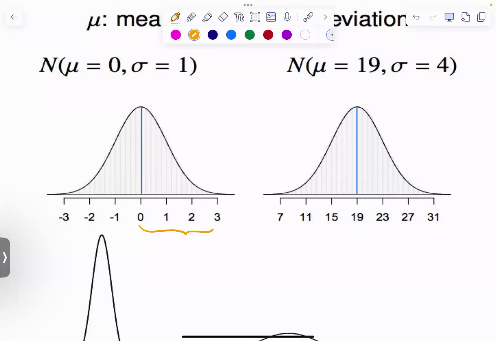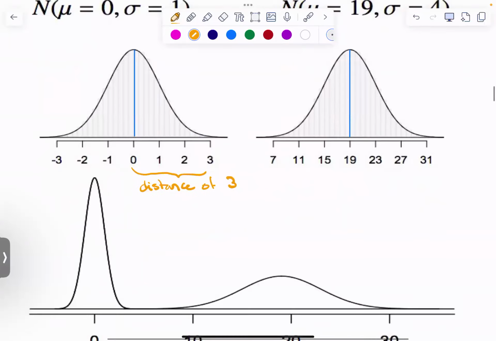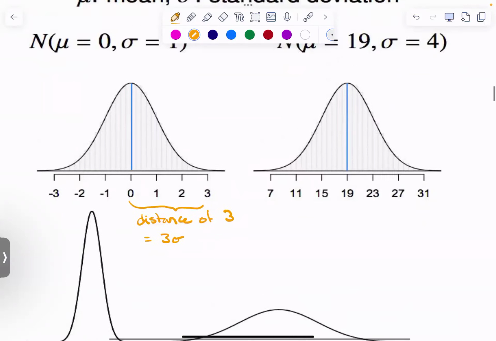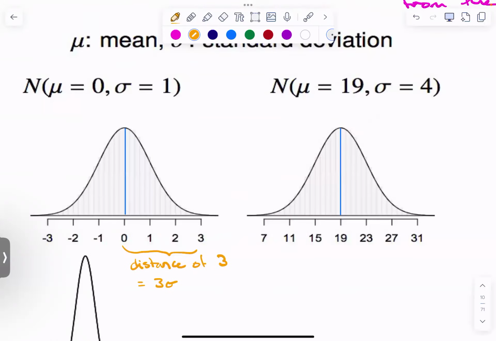So this is a distance of 3, equals 3 sigma, 3 standard deviations. Whereas, I guess I'll need my calculator. I know, embarrassing. What if we do the same thing for the other one?